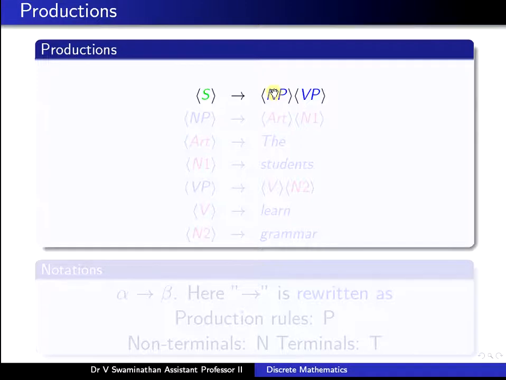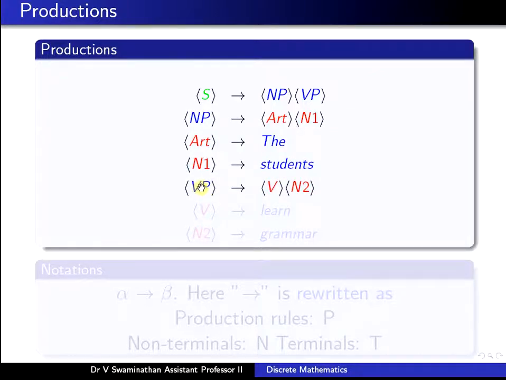We are going to make use of this structure and rewrite it in a different form. S is rewritten as noun phrase and verb phrase, where the noun phrase is rewritten as article and noun 1, where article is rewritten as the, noun 1 is rewritten as students. Similarly, verb phrase is rewritten as verb and noun 2, where verb is learn and noun 2 is grammar.